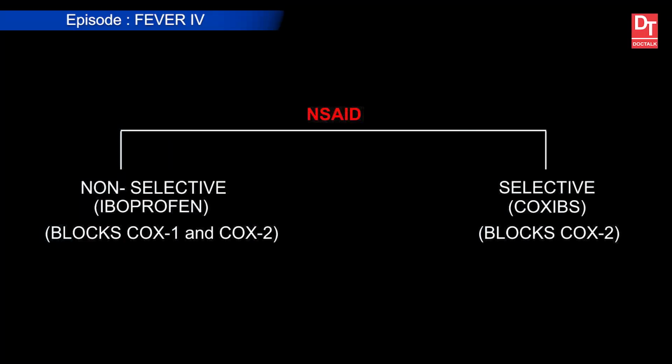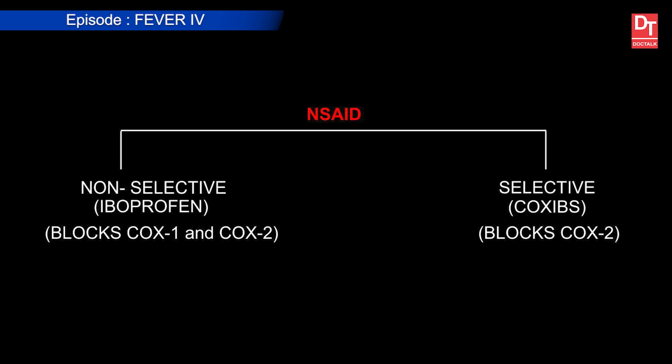Next is NSAID. If we think NSAID, there are 2 types of NSAID. One is selective, another is non-selective. Suppose ibuprofen, non-selective NSAID, it blocks cyclooxygenase 1 enzyme, and automatically from arachidonic acid less PGH2 will be produced and less PGE2 will be produced.